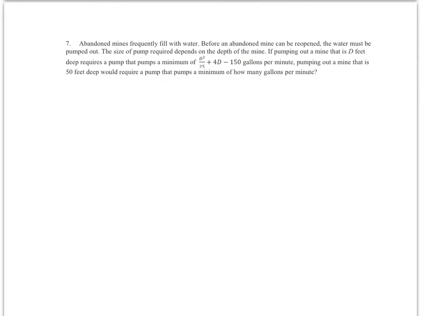Abandoned mines frequently fill with water. Before an abandoned mine can be reopened, the water must be pumped out. The size of the pump required depends on the depth of the mine. If the pumping out of a mine that is d feet deep, d is the feet deep, that's really important, requires a pump that pumps a minimum of this many gallons per minute.